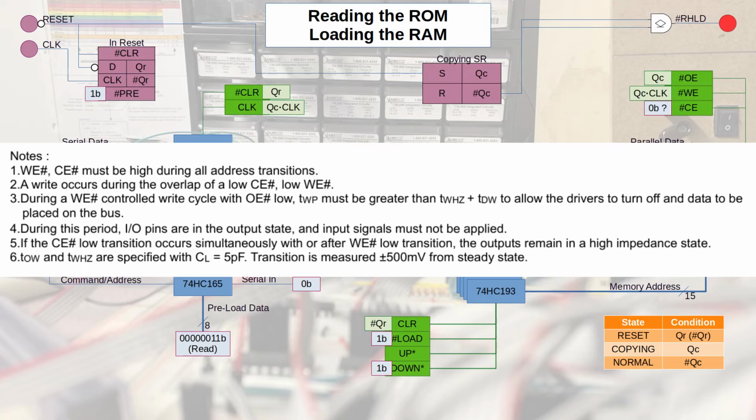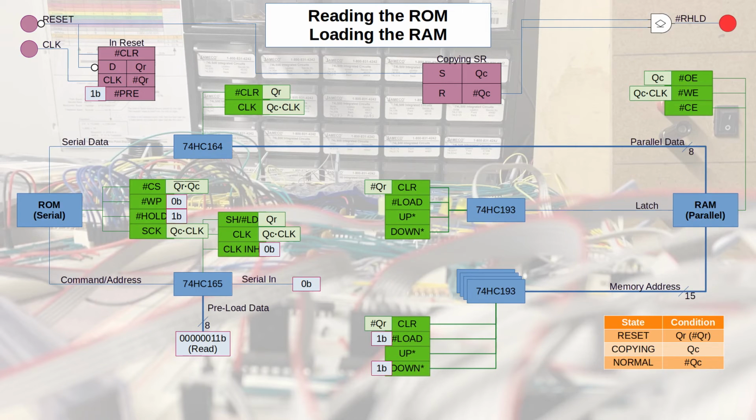Now, it's never a good thing to ignore the data sheet. So when we are copying data, I need the chip enable and write enable to have the same shape and the same timing. But when we're done writing and we're in normal operation, the chip enable can remain low.